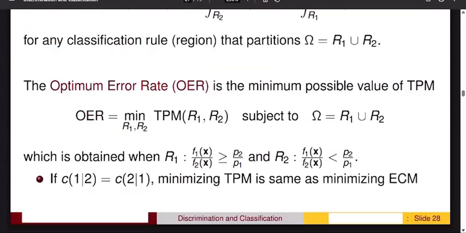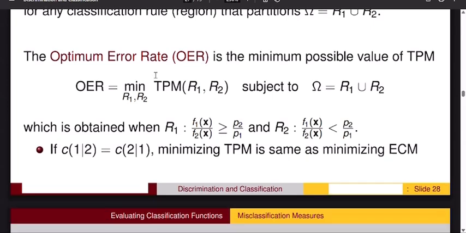We want to minimize that. That is the reason I said we want to minimize the error due to misclassification, subject to the regions omega I talked about the other time, combining the regions together.